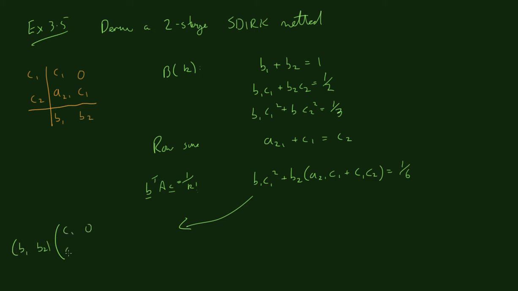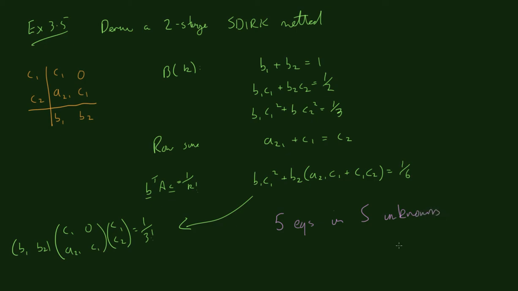We have the A matrix, from our Butcher tableau, and we have our C values, and that's going to be equal to 1 over 3 factorial in this case, which is 1 over 6. So we have 1, 2, 3, 4, 5 equations, and 5 unknowns.